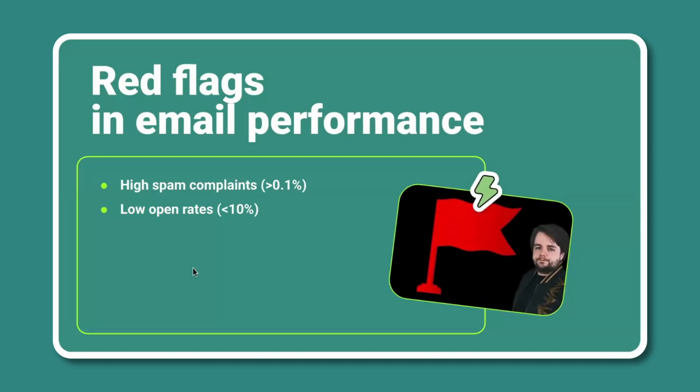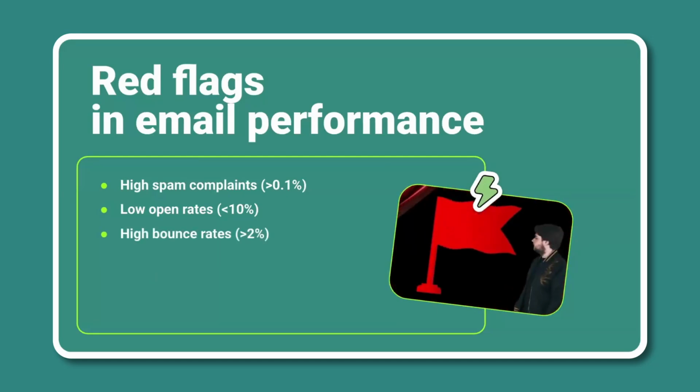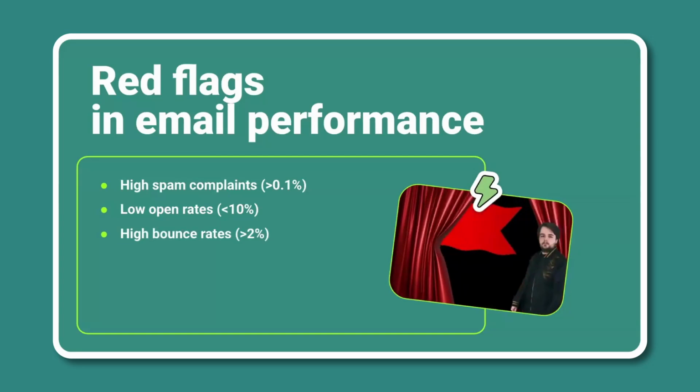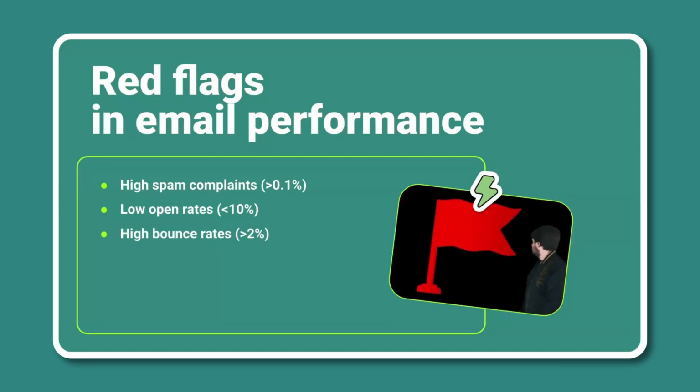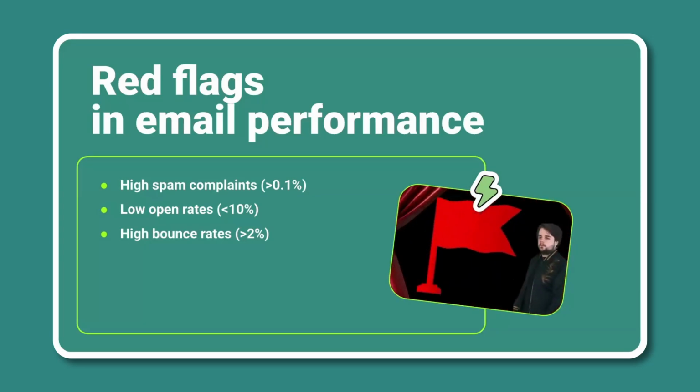Yeah, let's continue with the next one, and that's the high bounce rate. As I mentioned earlier, there are two types of bounces: hard bounces that are permanent failures, like non existing email addresses, for example, and soft bounces. There can be a lot of stuff going on there.